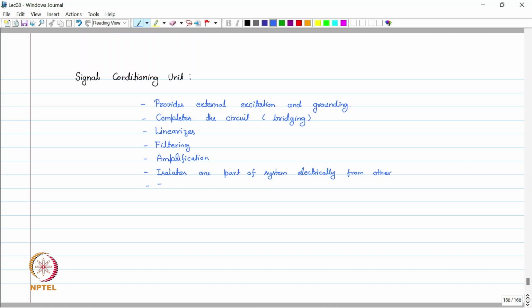Typically the input is in millivolts, and the output is in volts.